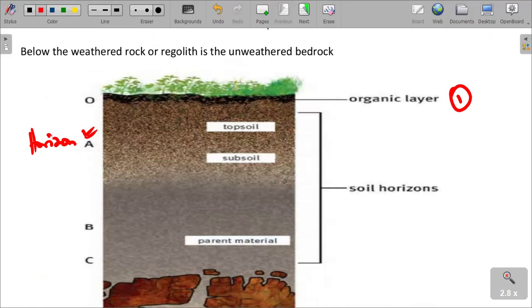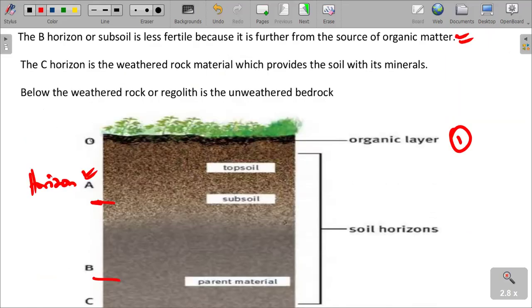Subsoil is deep in the ground, underground. It's not that fertile compared to horizon A, because it is far from the decomposing dead organic matter that we are talking about.